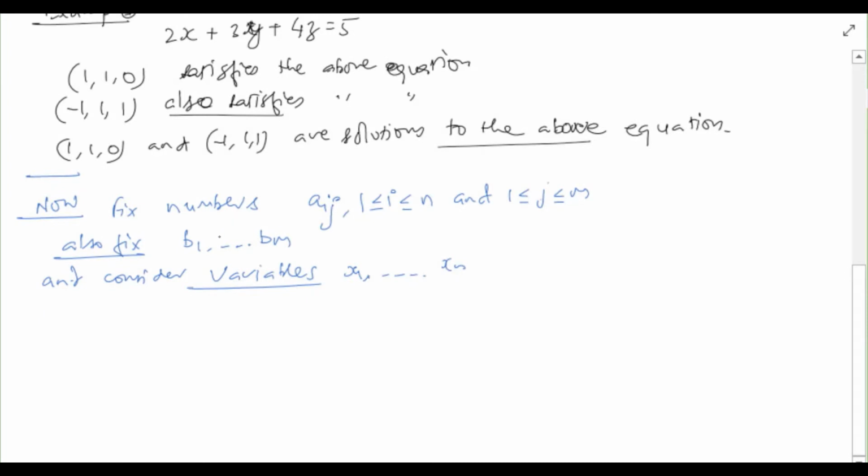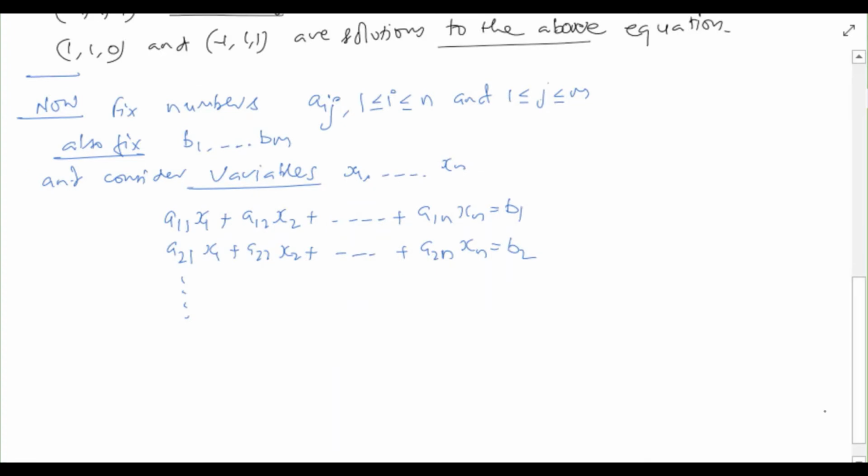With these numbers and variables, let us write the following equations. a11x1 plus a12x2 dot dot dot plus a1nxn equals b1, a21x1 plus a22x2 plus dot dot dot a2nxn equals b2, and so on.